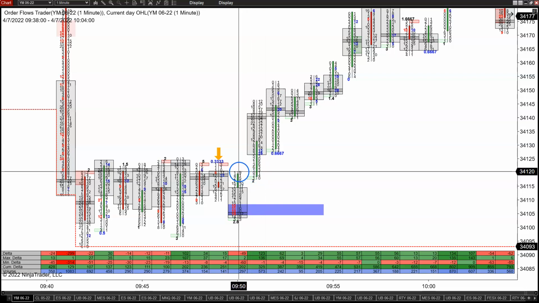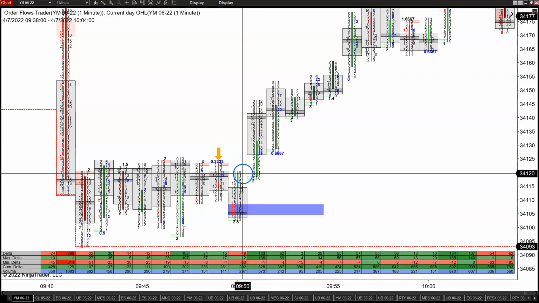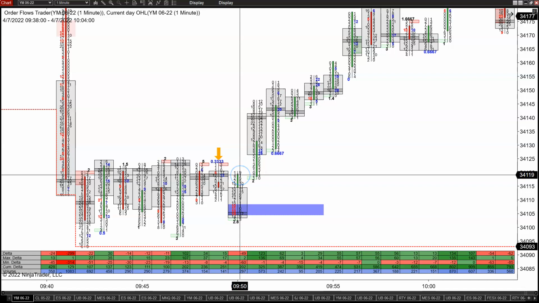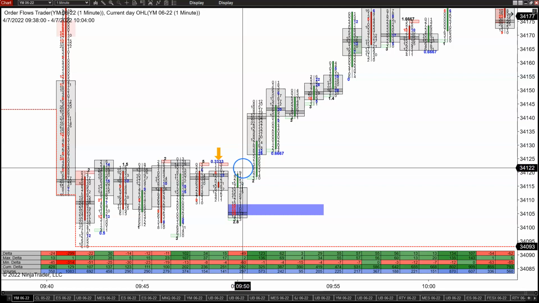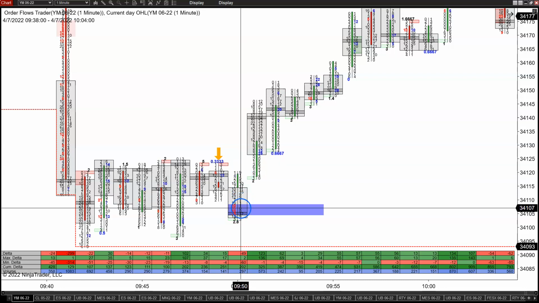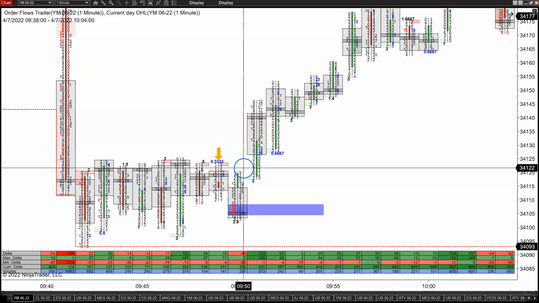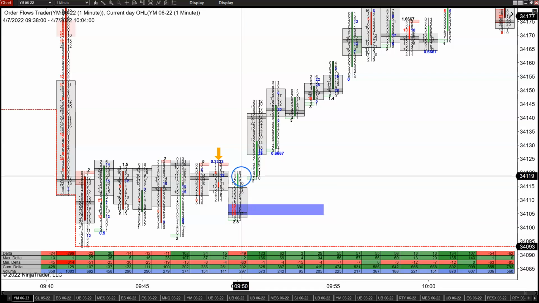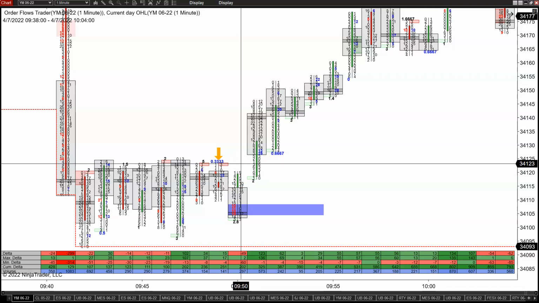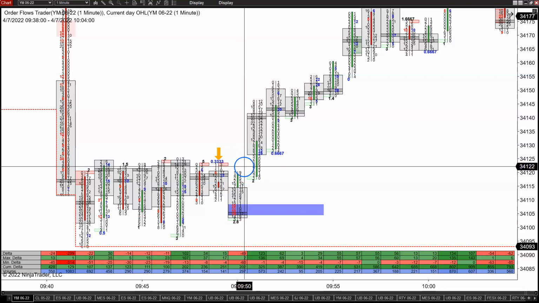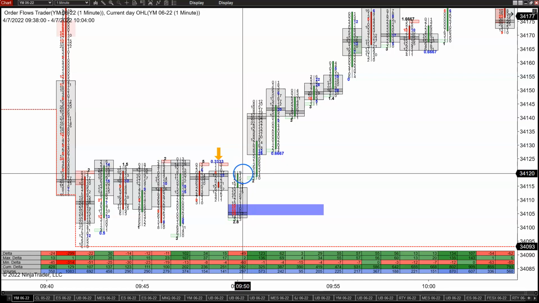I like to set my entry a couple ticks above the high of the bar for a long with the inverse imbalance. So you've got the inverse imbalance showing right here. So I'll just drop in a buy stop right in here. I'm ready to go. I don't necessarily have to wait. I can see as we're making these highs, I can just be ready with a stop already up here at 23 and just move it down as we start getting closer to the close of the bar.